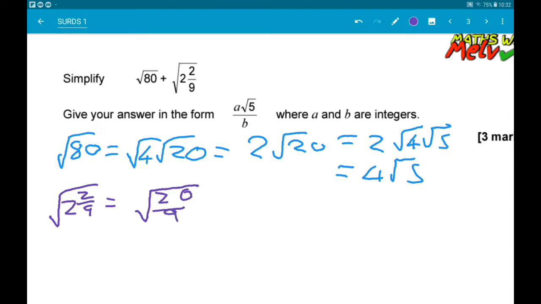Now we can square root the top and bottom separately, so root 20 over root 9. Now root 20 is root 4 root 5, which is 2 root 5.